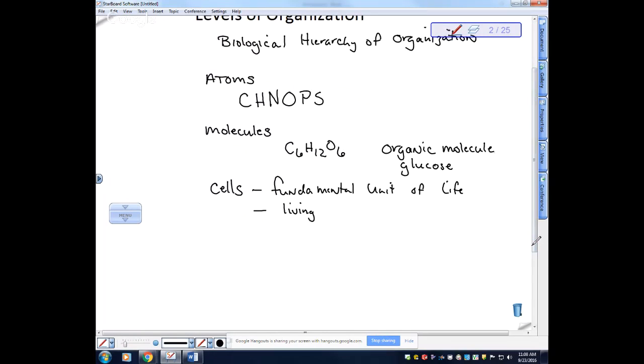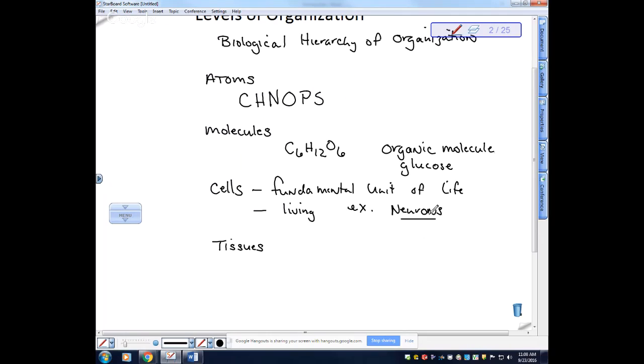The next level would be tissues. So for example, we could have neurons. This is my example. We could have neurons, and those are individual nerve cells.